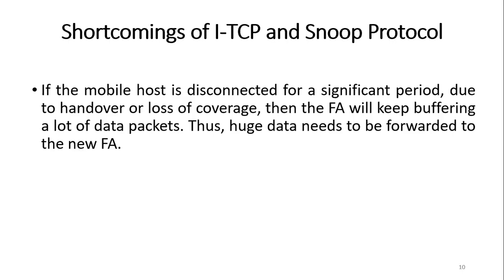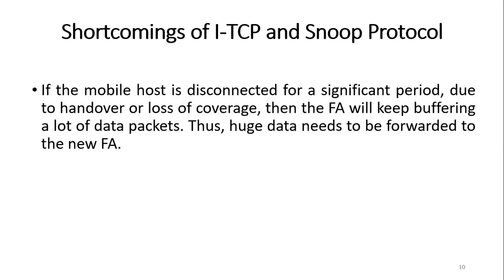I mean, when you have an out of coverage period or disconnection period for a significant time, it may be because of handover, or maybe those RLF, temporary loss of coverage.